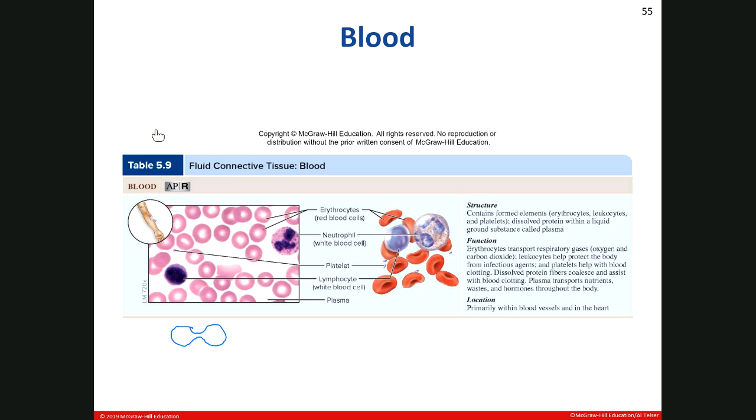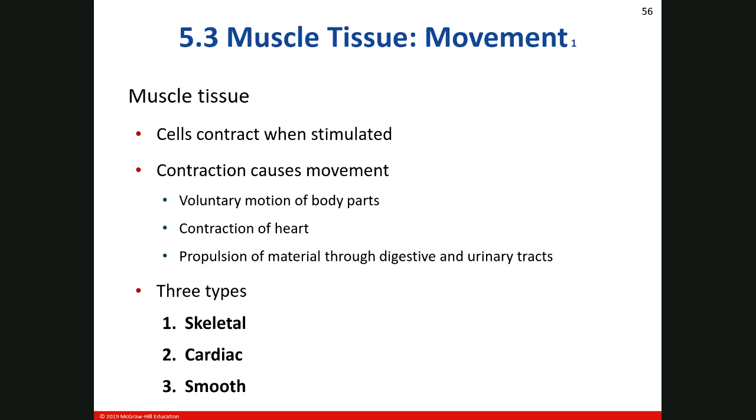On to the third type of tissue in the body, which is muscle tissue, and there are three types. When you think of muscle tissue, think of movement.